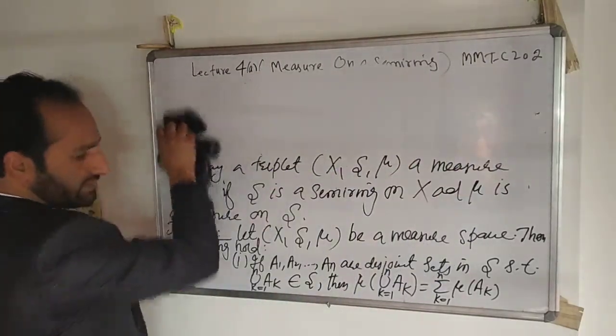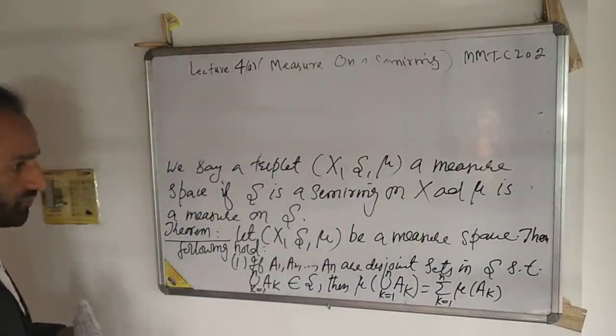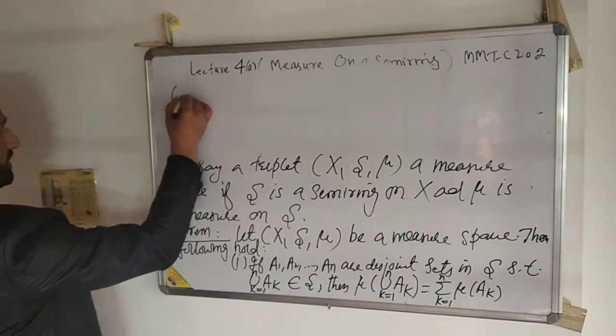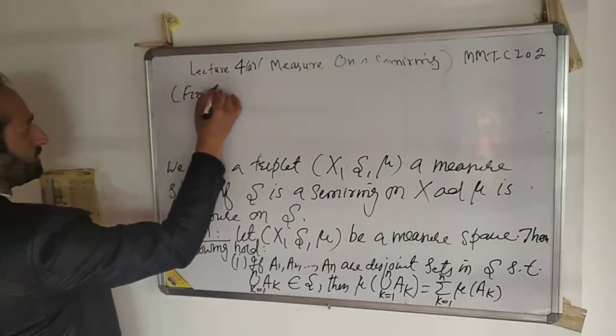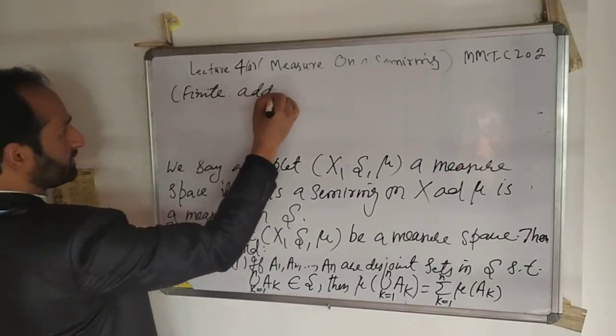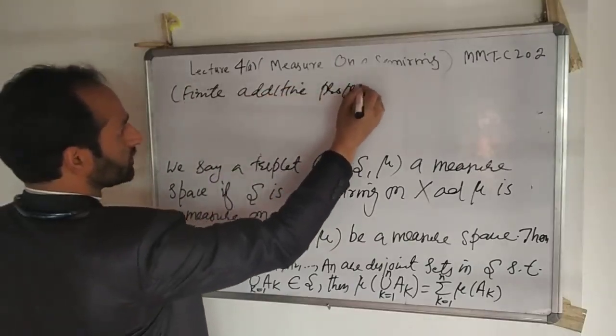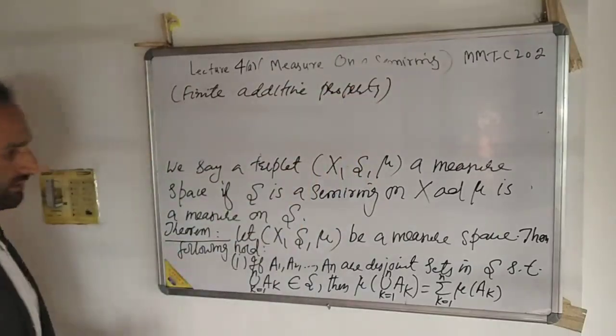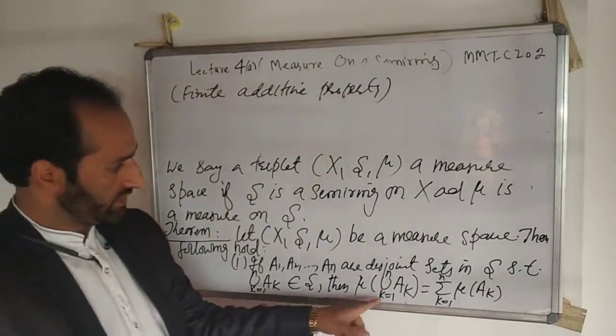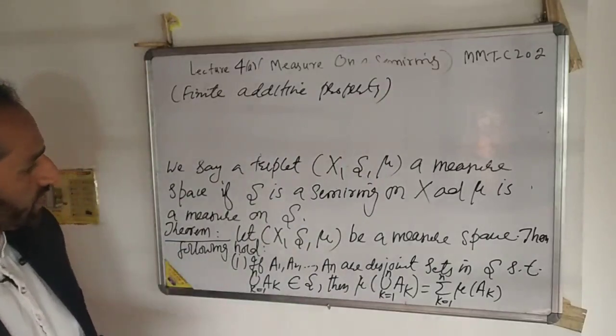And we call this the finite additive property, because here we have a finite class of sets, k runs from 1 to n.